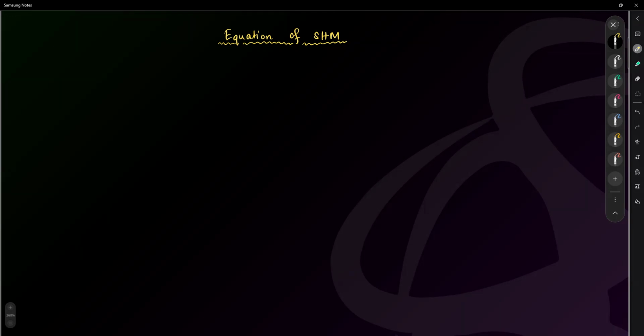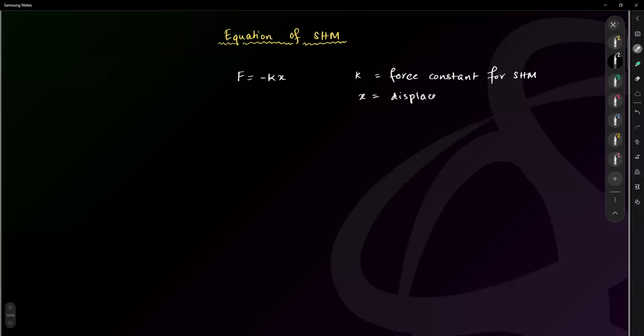See, the necessary and most important condition for SHM is F equals to minus Kx, right? Where K is the force constant. K is known as the force constant for SHM, right? And X is the displacement of body from mean position.